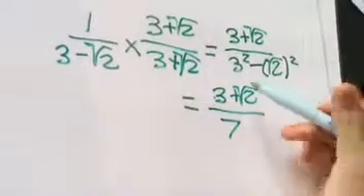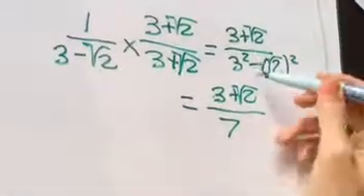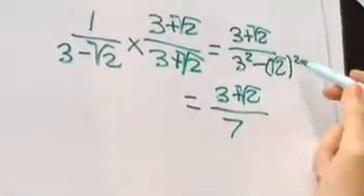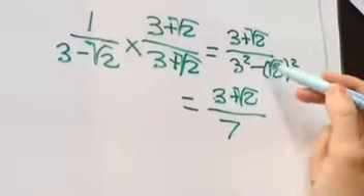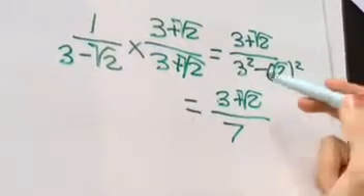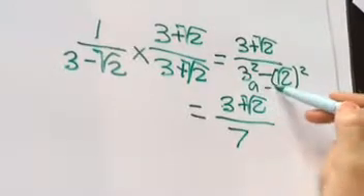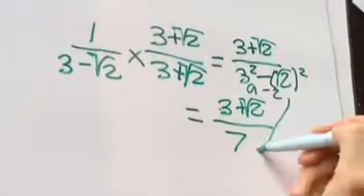And 7, because 3 squared equals 9. The square root of 2 squared, well, the square and the square root cancel out and it just equals 2. So you'd have 9 minus 2, which equals 7.